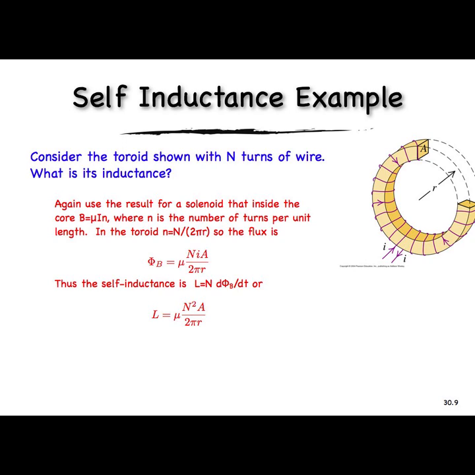Or more commonly, it's just called the inductance. But that constant M, the mutual inductance, depended on the area, the size, and the location of these two coils relative to each other. Now, if the coils are co-located, you basically end up with specific geometry, and we call that specific coupling L, the self-inductance.